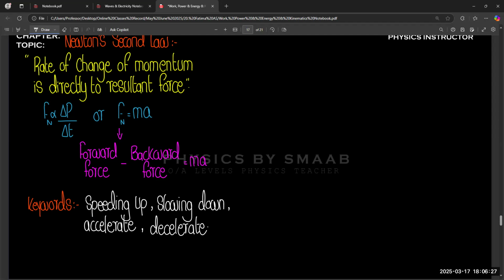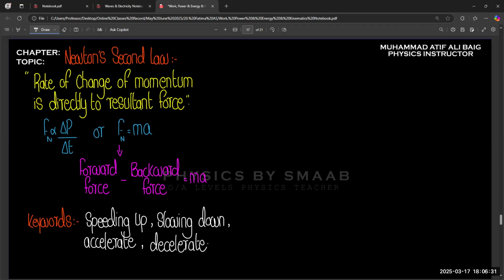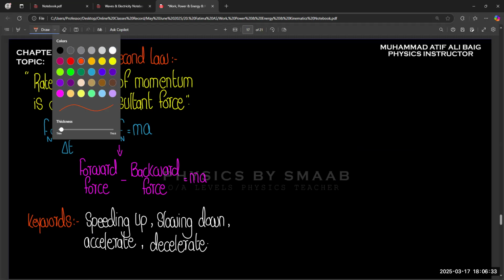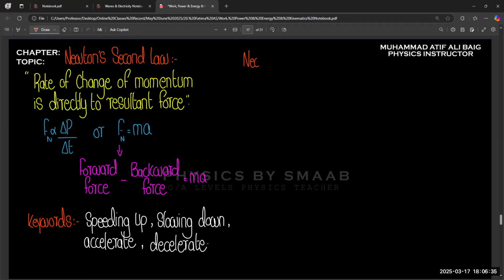Then we have Newton's third law of motion.